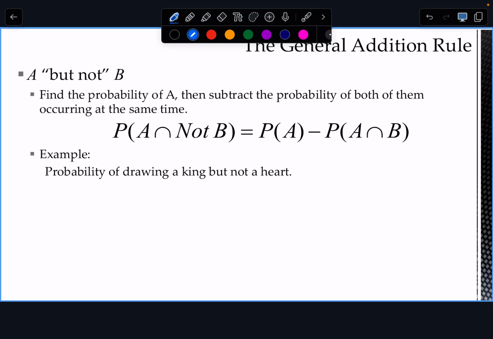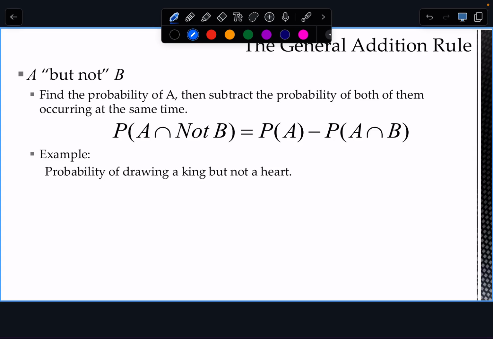So again, just getting used to some of that notation there, that upside down union symbol, the intersection means "and." If we're thinking about it in basic terms, the example says probability of drawing a king but not a heart. So I want to draw a king, I just specifically don't want the king of hearts.